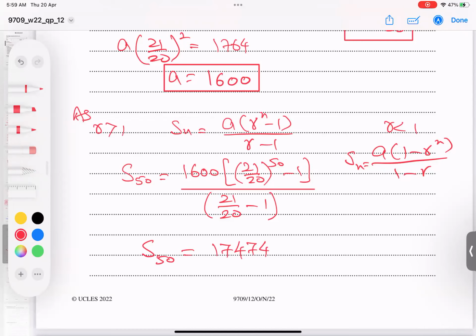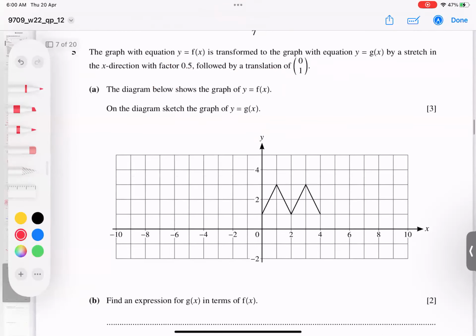So writing 3 significant figures, it becomes 17500 and I believe it is clear. So I hope the point is very, very clear and we got the sum of the 50 terms.